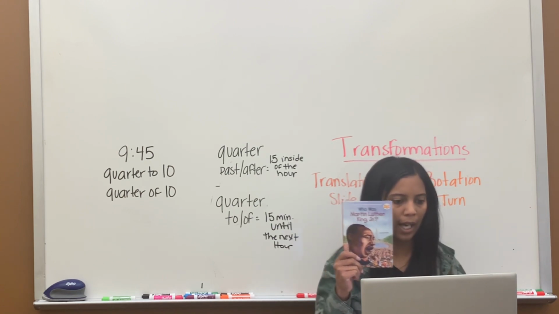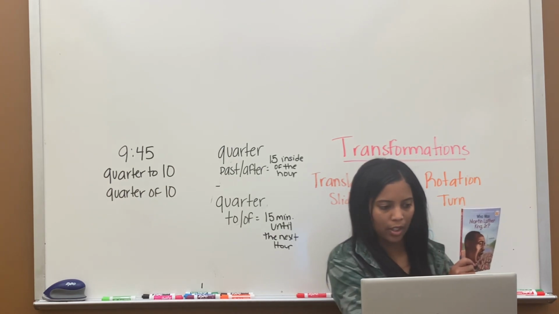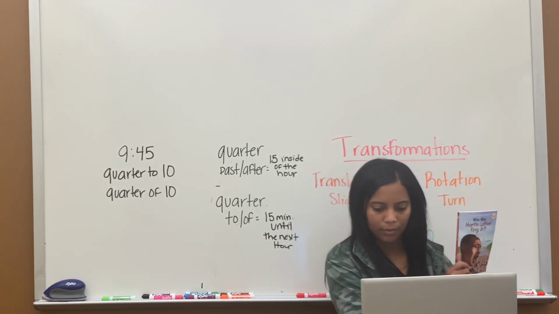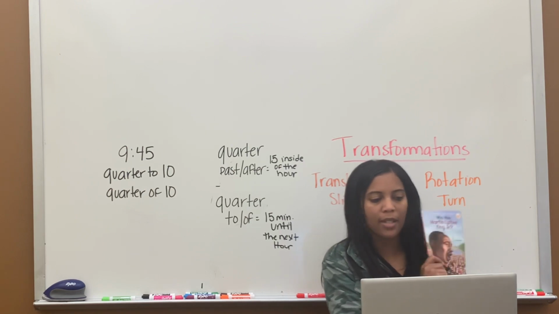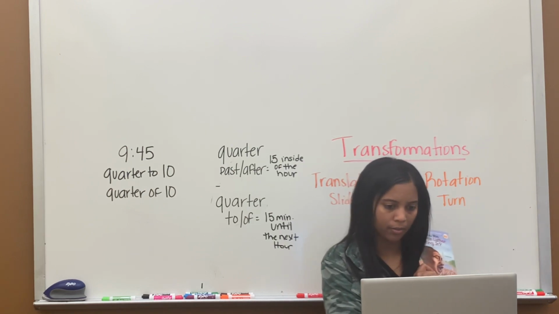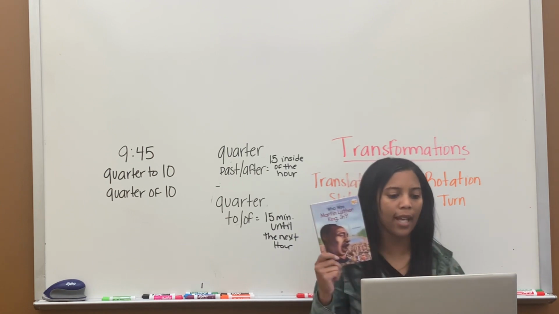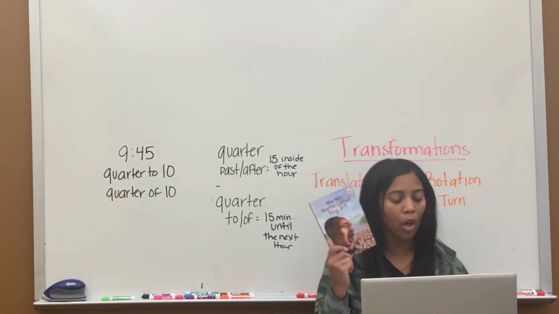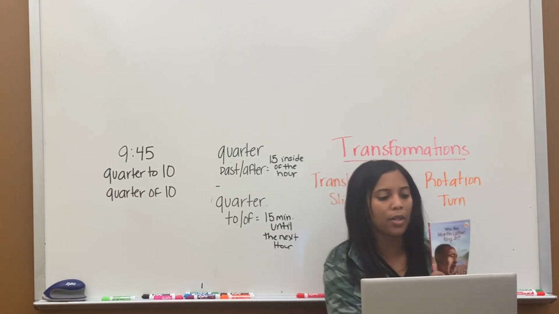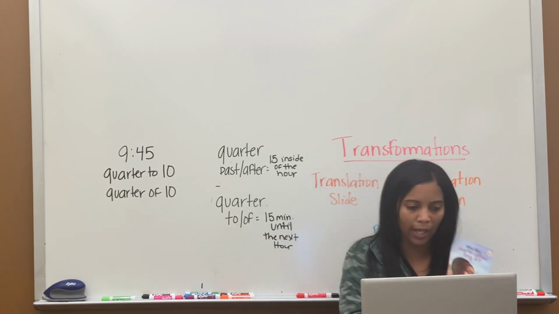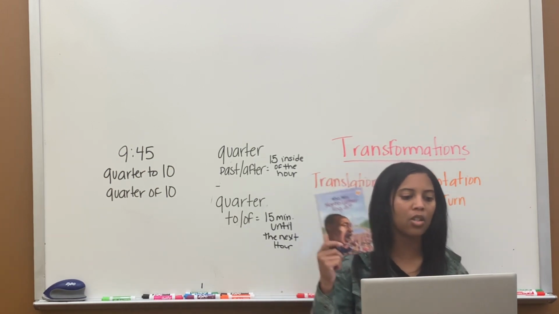And now slide it. That's a translation. Did everybody slide it? Whenever you slid him, did it change at all? No, it stayed the exact same. All it changed was the place it was in. Now it's in a new place. So that's a translation. It means to slide.